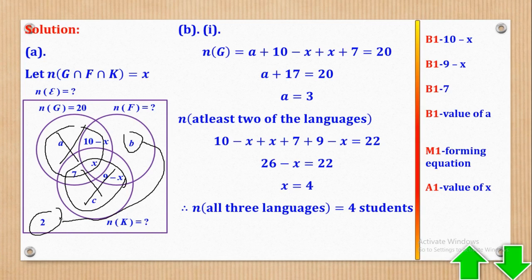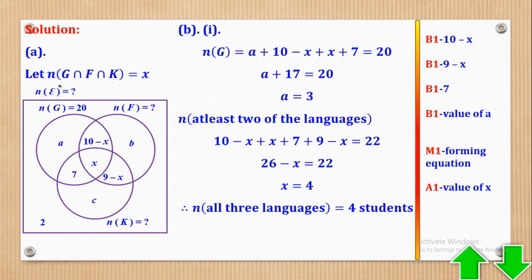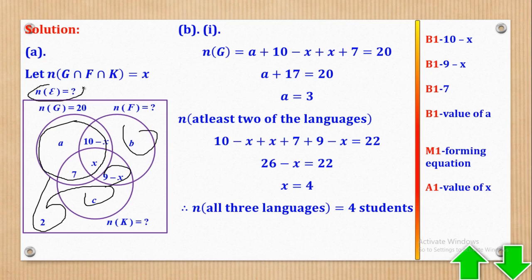But then the sample space will be this total number of students. So how do they get the total number of students? To get the total number of students, we know that the whole of this is equal to 20. So we shall say 20 plus 2 plus 9 minus x plus C plus B. That will be the total, which is this. So we're going to first get the total, then we can get the probability. So let's do that.